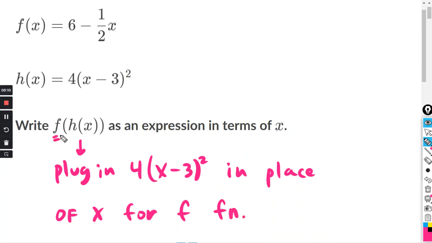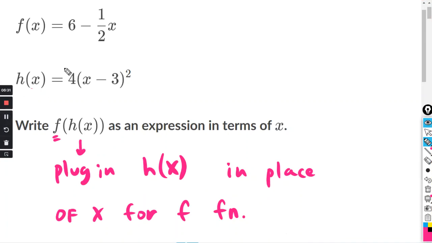All right, so that's what that means. F of h of x means you plug in this, which is h of x, in place of x for the f function. So said another way, you want to plug in h of x in place of x for the f function. So let's do that.